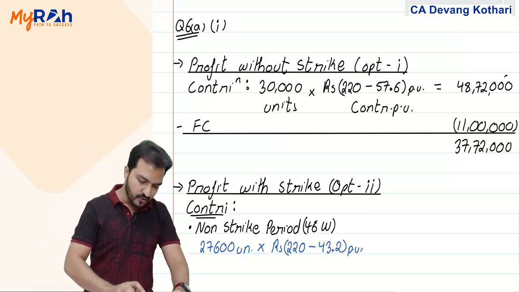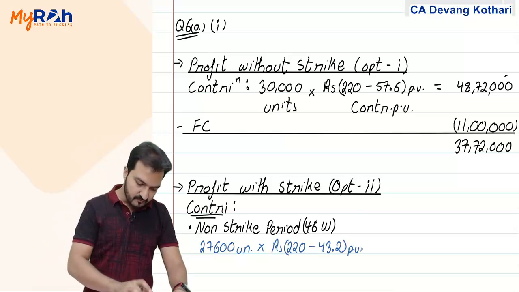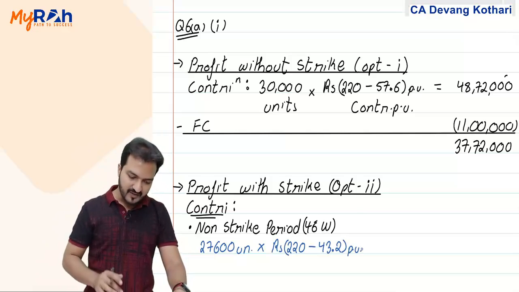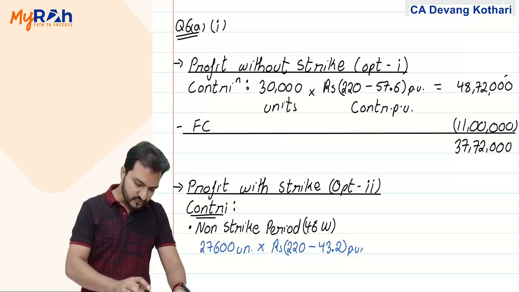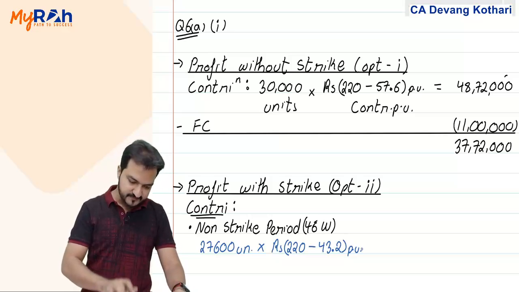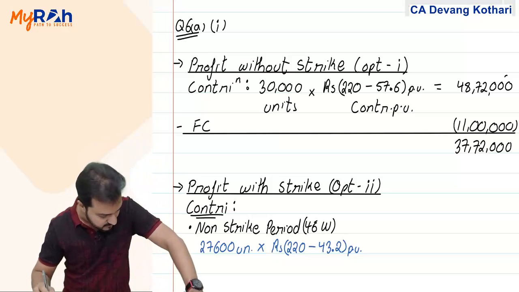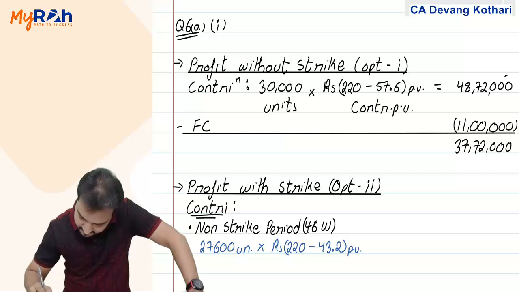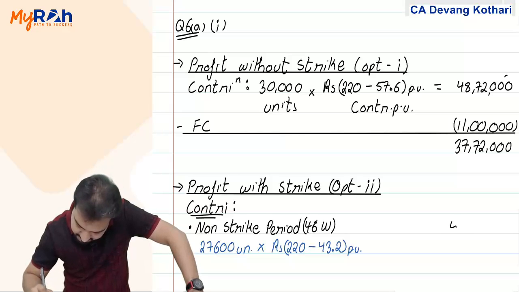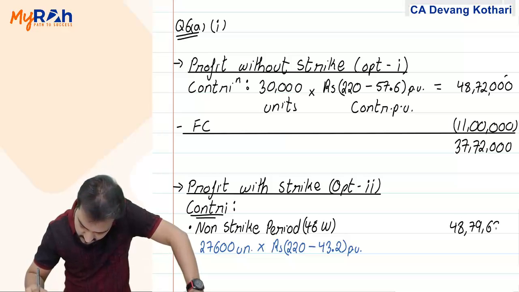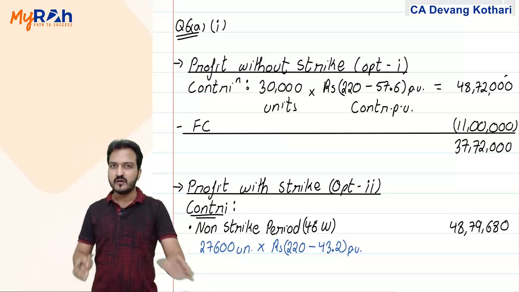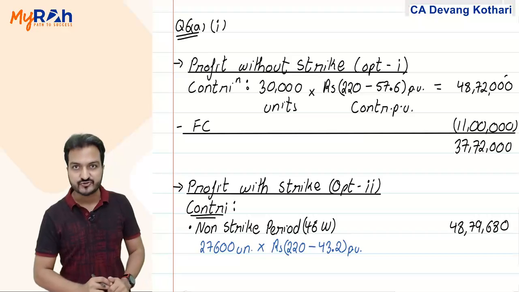So from original contribution 220 minus 43.2, I paid extra on 27,600 units, gives me total contribution 48,79,680. Now this is my contribution during the non-strike period.